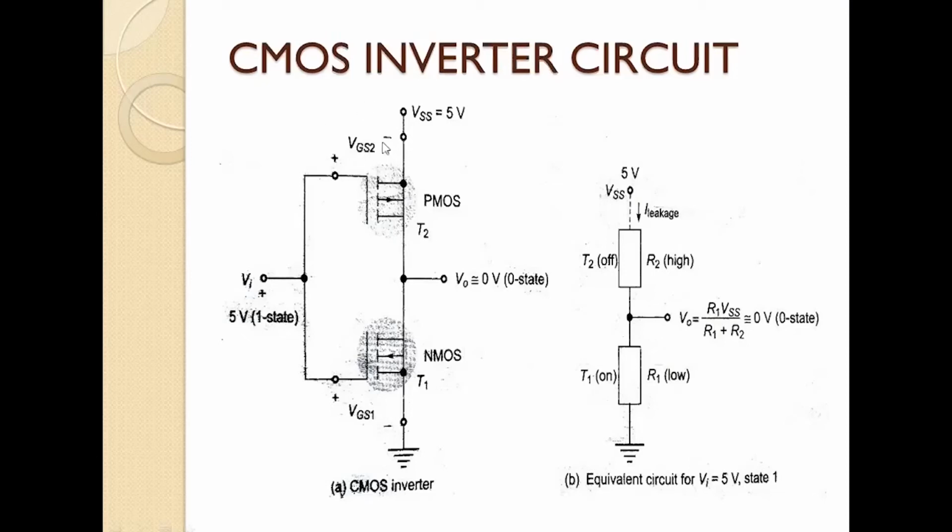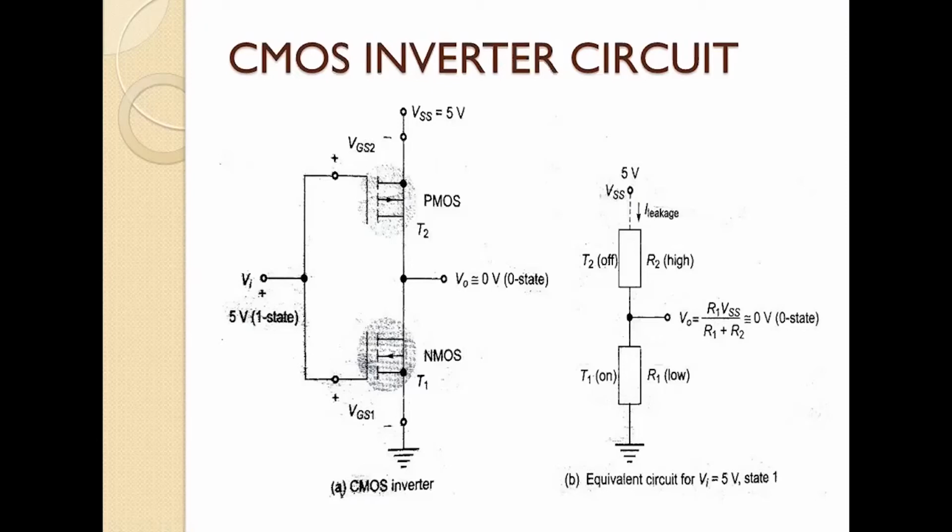What is the meaning of VGS2? It means the voltage across gate and source terminal. The voltage across gate and source terminal is VGS2 for PMOS. The voltage across gate and source terminal for NMOS is VGS1. Clear? So for the operation of the CMOS inverter circuit, there are two cases, case 1 and case 2.